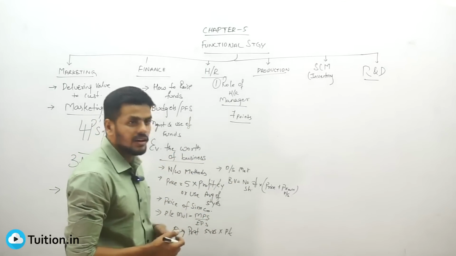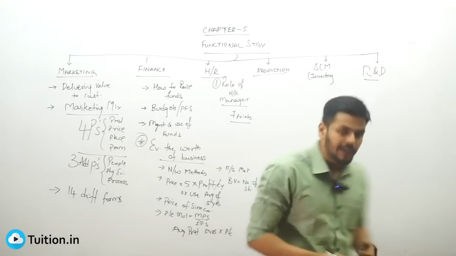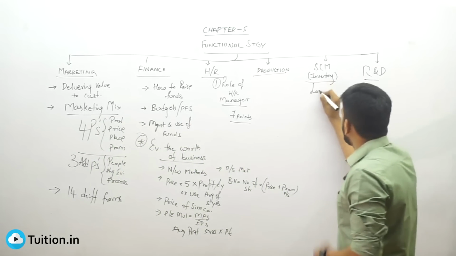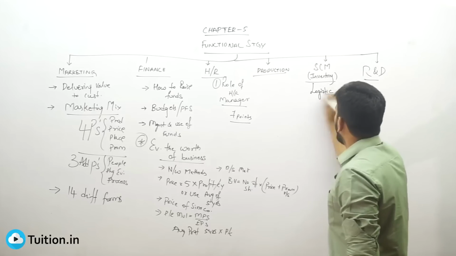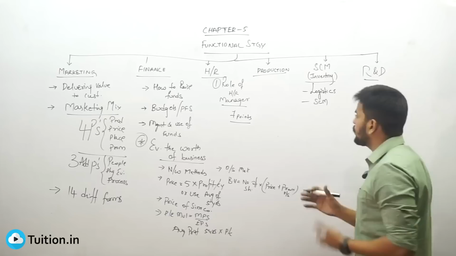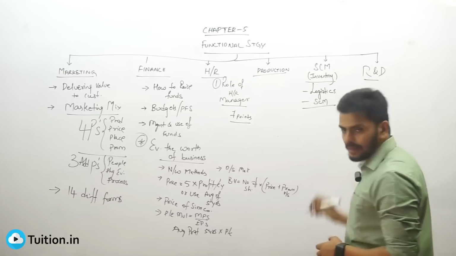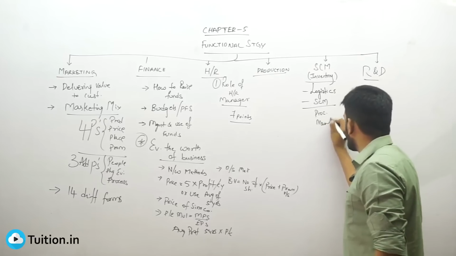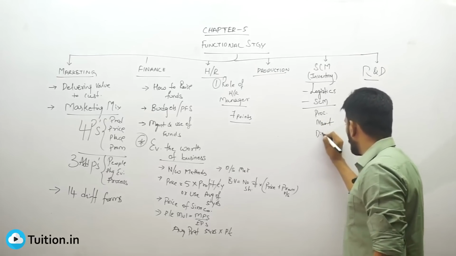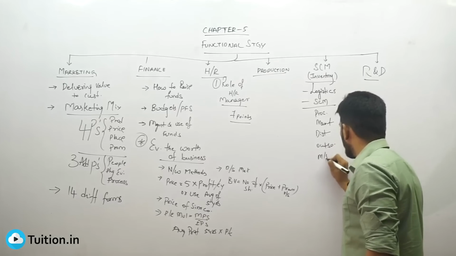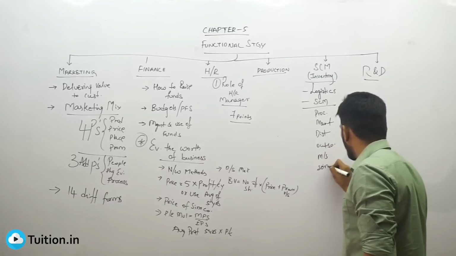Then moving on to supply chain management, guys. It talks about 2 things: logistics and supply chain management. It's all about movement and storage of goods. And the 7 steps in supply chain management are procurement, manufacturing, distribution, outsourcing, marketing, sales, services, and performance measurement.